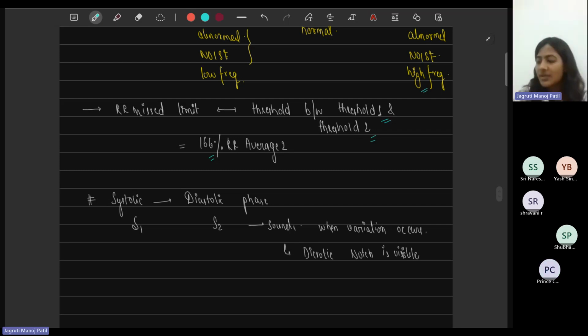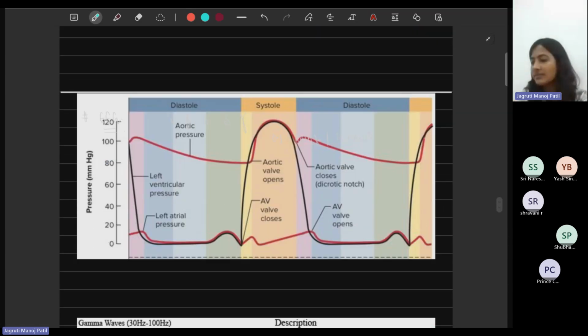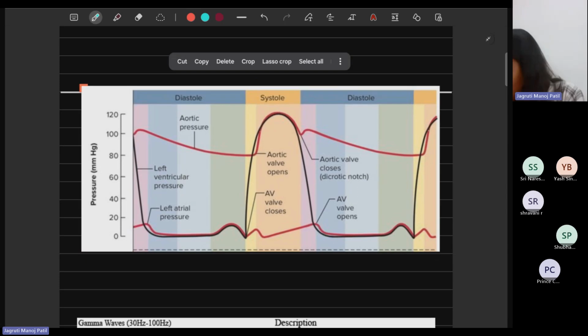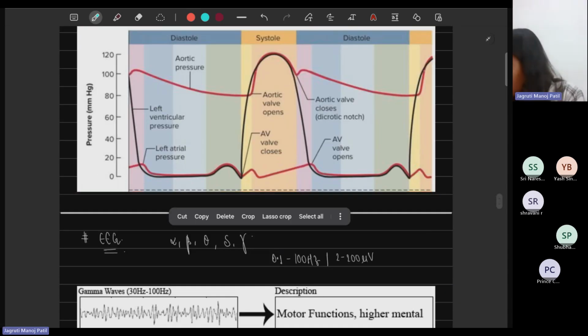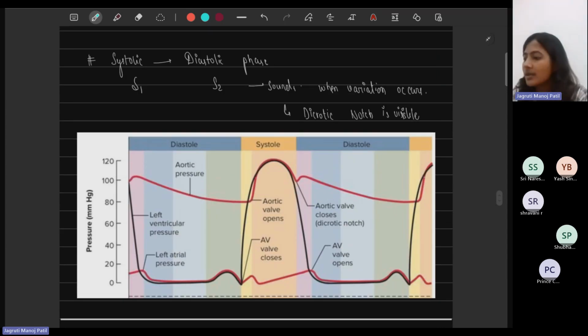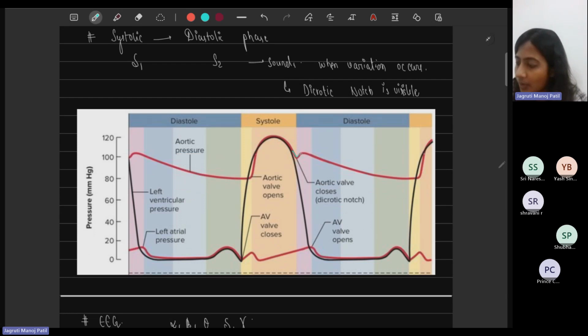Now this sound variation occurs, but whenever the sounds are occurring and there is the variation from systolic to diastolic, you see something that is called a dicrotic notch. Something occurs over here, this particular lump or mountain-like structure, that is called the dicrotic notch.